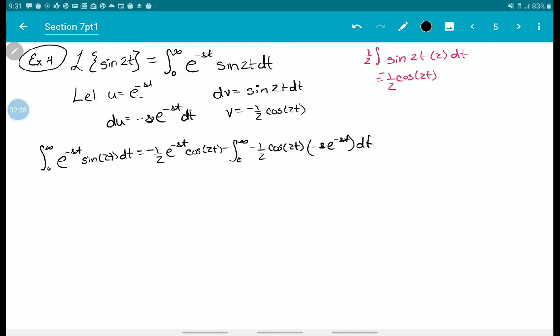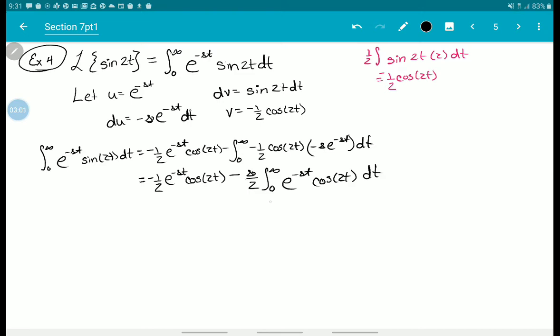Now, I'm going to clean that up before I go any further. So a negative times a negative times a negative is still a negative. And then 1/2 times s would be s over 2. So there's where we stand right now.